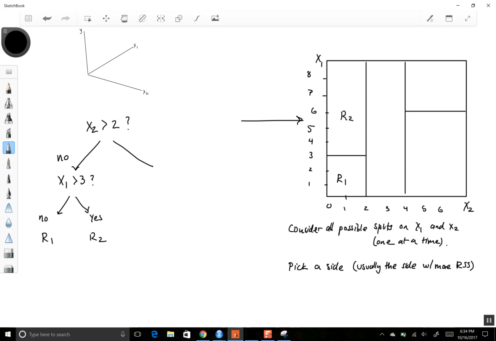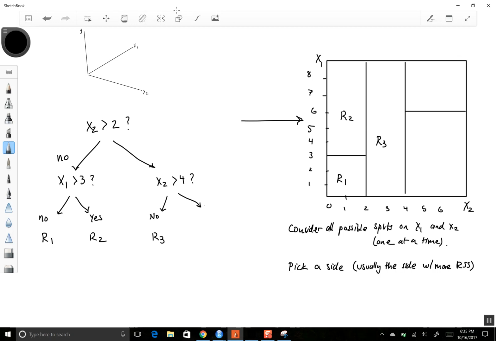Okay, over here, if x2 is greater than 2, then the next split is, is x2 greater than 4, okay? And if the answer is no, then that puts us in, we'll call this region 3.